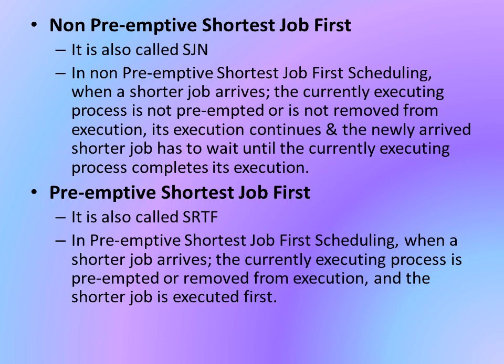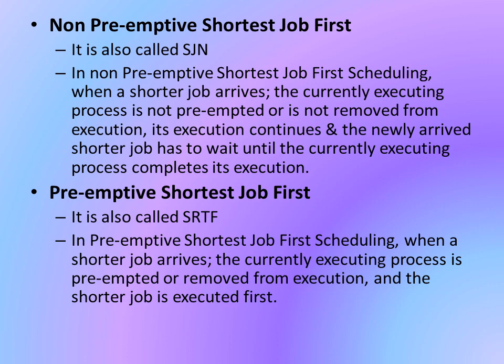In non-preemptive shortest job first scheduling, when a shorter job arrives, the currently executing process is not preempted or removed from the execution. Its execution continues, and the newly arrived short job has to wait until the currently executing process completes its execution. Once the execution is completed, then the shortest job is given chance for its execution.